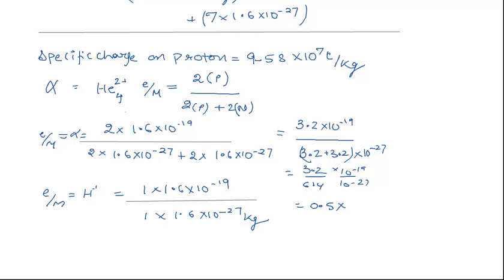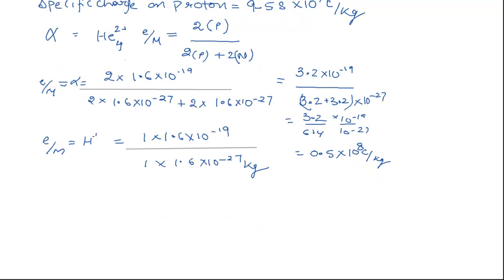That is 0.5 into 10 to the power 8 coulombs per kg.